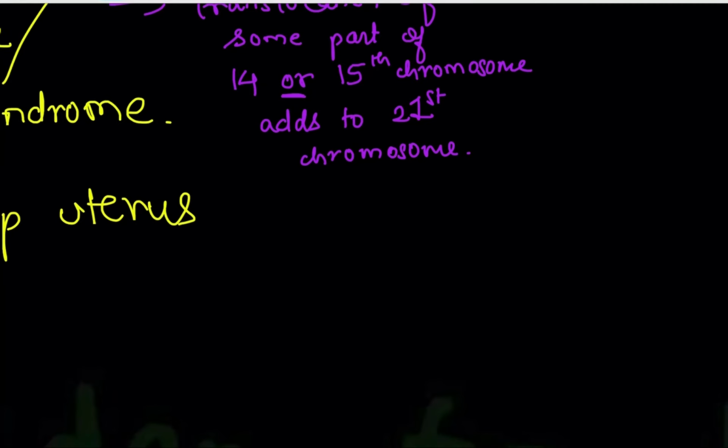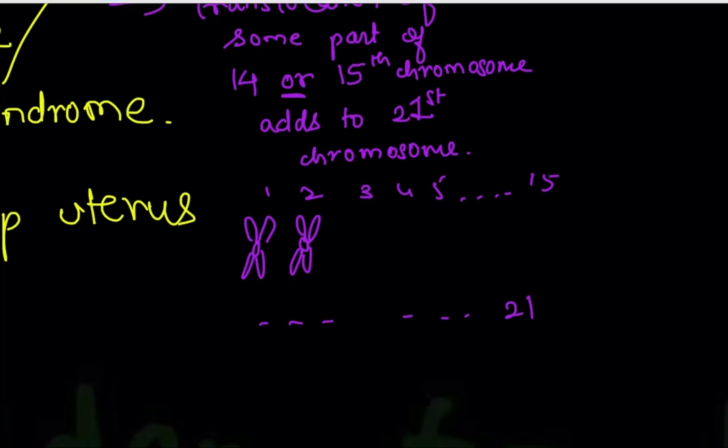Write down. Suppose these are the chromosomes, they are in pairs, like this 1, 2, 3, 4, 5 till 15, and down also they are continuing, and below 15, 21 is coming. So some part of the 14th or 15th chromosome will come and attach to 21st chromosome.